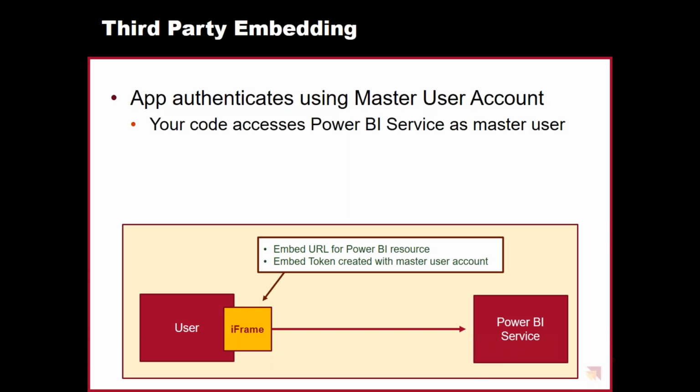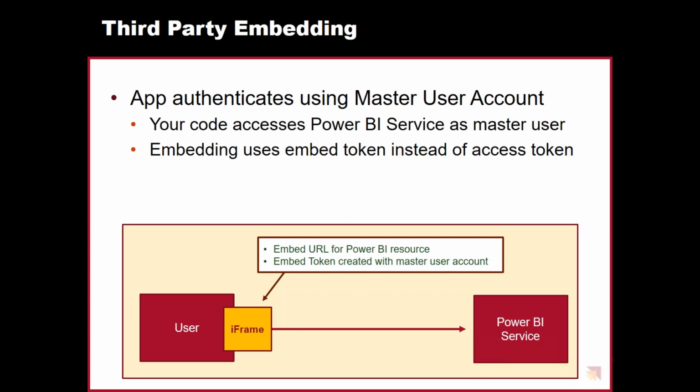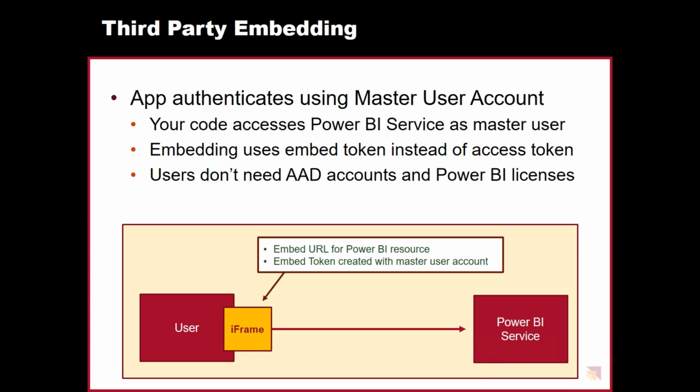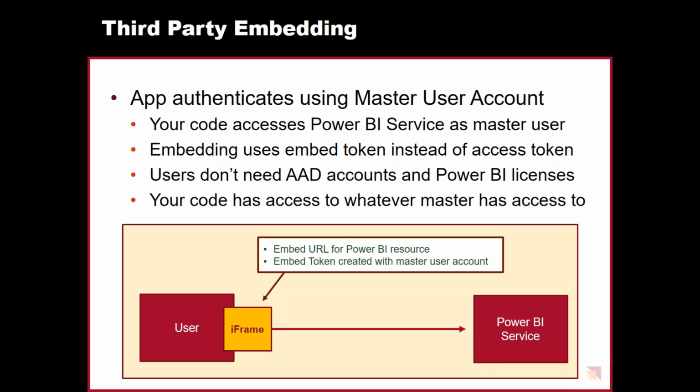So your code accesses the Power BI service as this one user, no matter who the real user is. Embedding is going to use not the Azure Active Directory access token, but it generates a more restricted token known as an Embed Token. Okay, now the big point here is that users don't need Azure AD accounts, nor Power BI licenses, and your code then has access to whatever the master has access to.